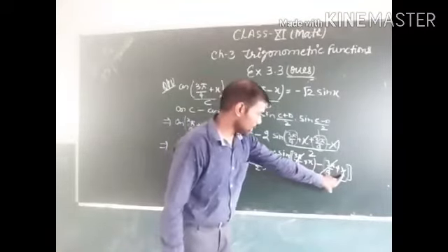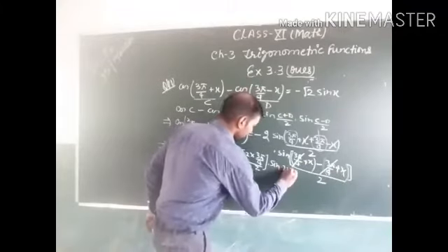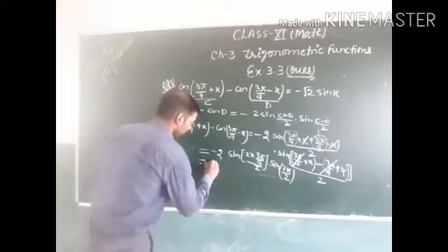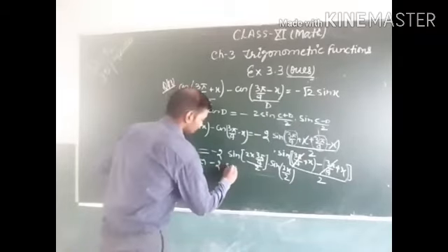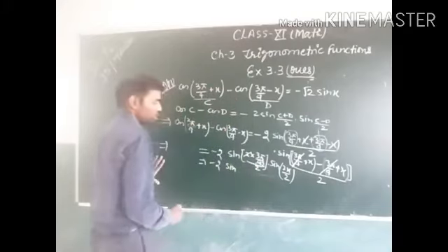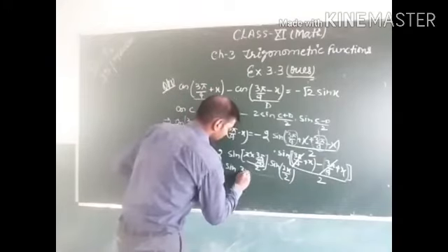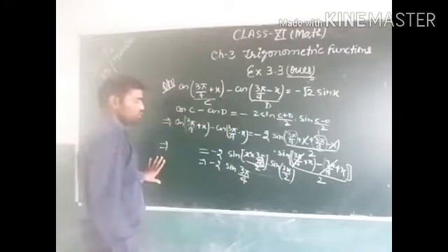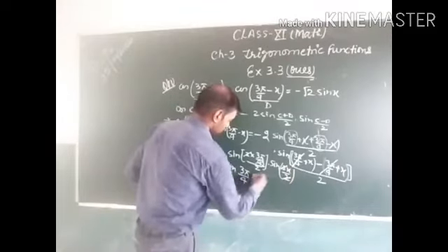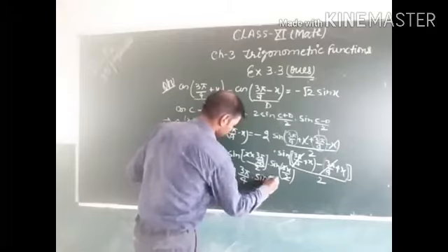X plus x, it means 2x by 2. Now we write minus 2 sin 3 pi by 4 into this, 2 and 2 cancel out. It means this is sin x.